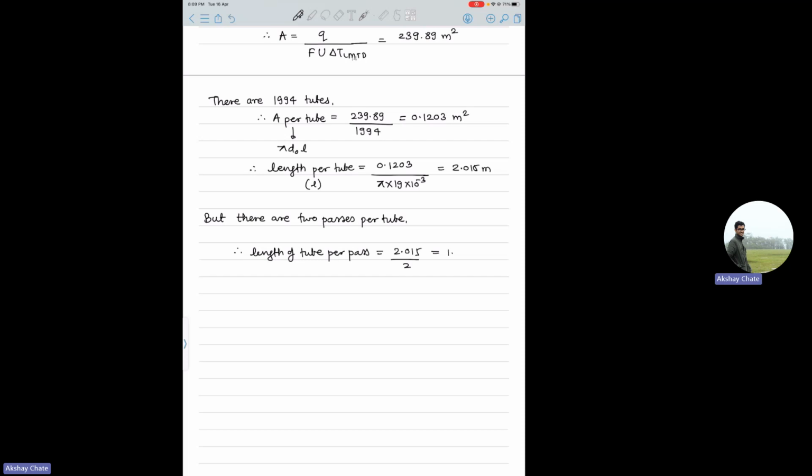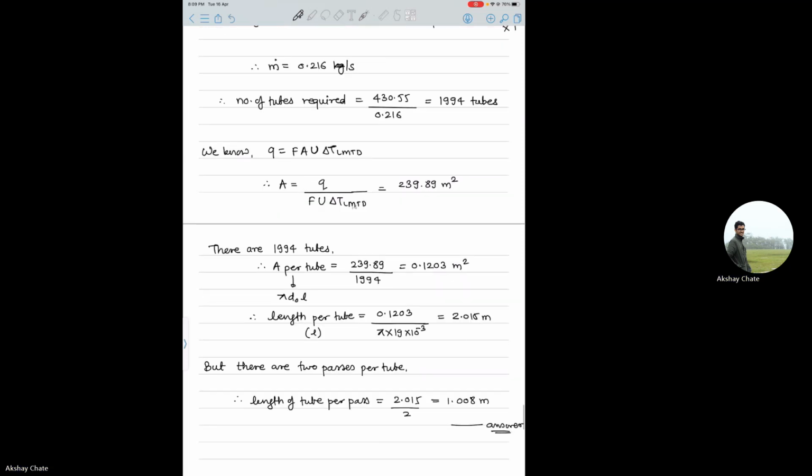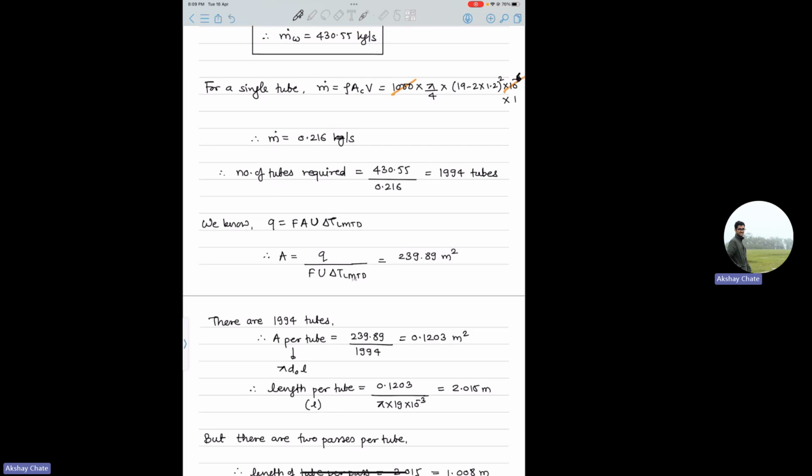That will be 1.008 meters. And this is your final answer. So you need 1 meter of length of the tubes, and you need some 1994 tubes. So this is how you do the sizing and designing of the reactor.